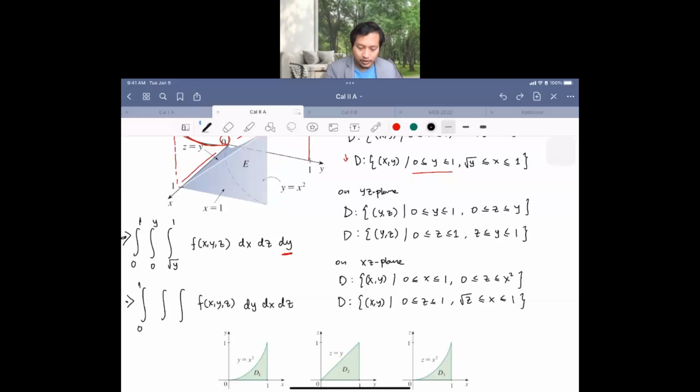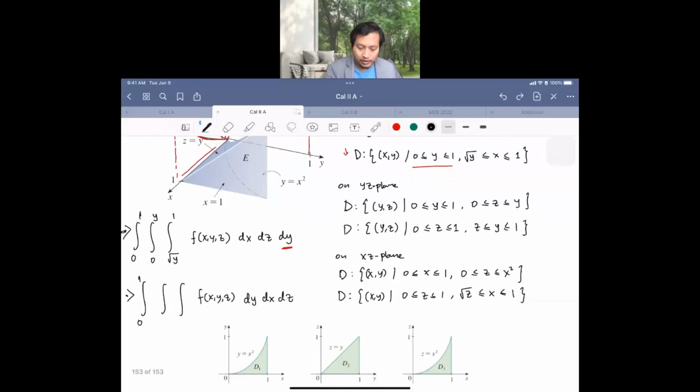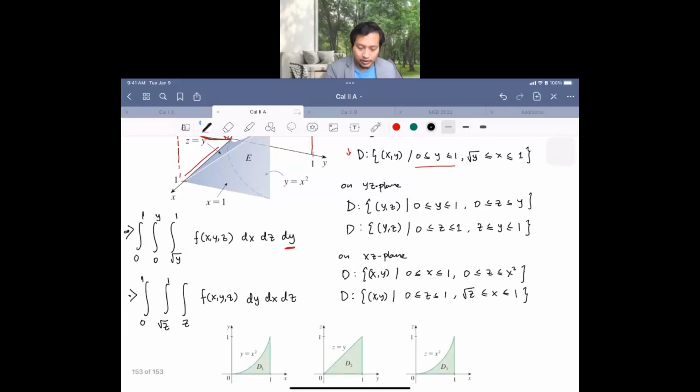And the function of z related to x will be square root of z, so x goes from square root of z to 1, and then dy will be from z to x squared.